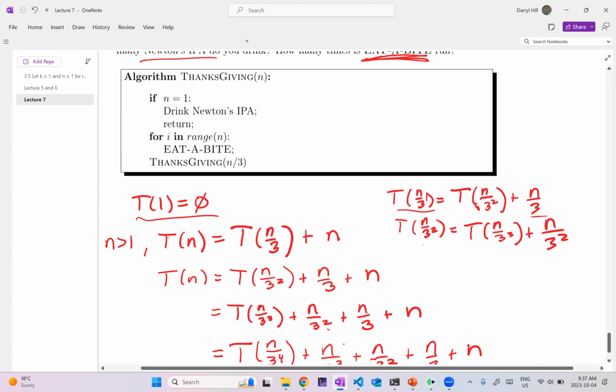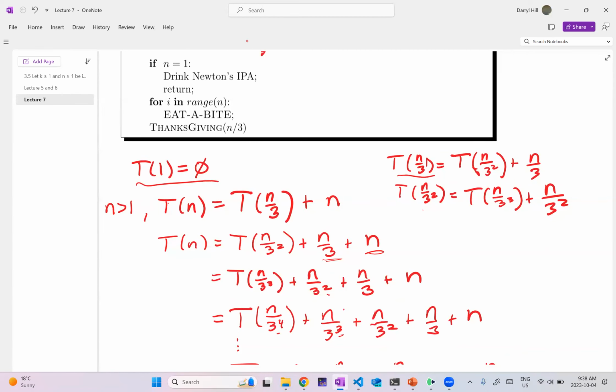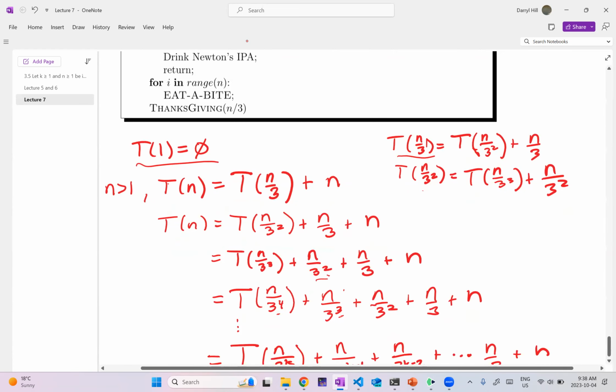So if this is n over 3, then my loop is n over 3, and I eat n over 3 bytes. So in the original call, I ate n bytes. In the first recursive call, I eat n over 3 bytes. In the second recursive call, I eat n over 3 squared bytes, and so on and so forth.